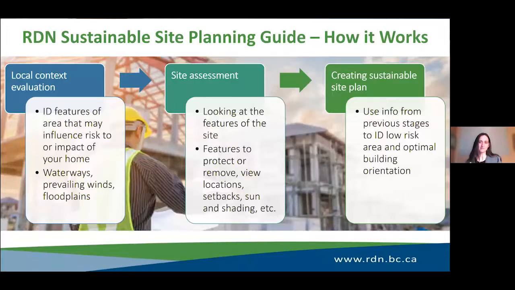And all of these things use a checklist approach so that it really guides you through the different things to look at and consider. And then the last step is using all of that information you just gathered to create a sustainable site plan. And this helps identify those lower risk areas and beneficial building orientations that protect your home and the local area.